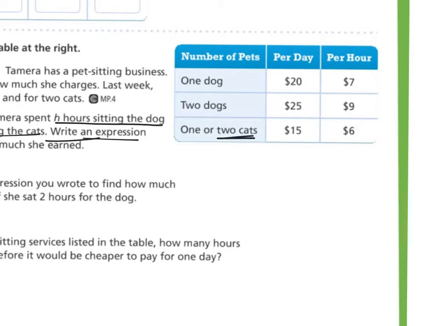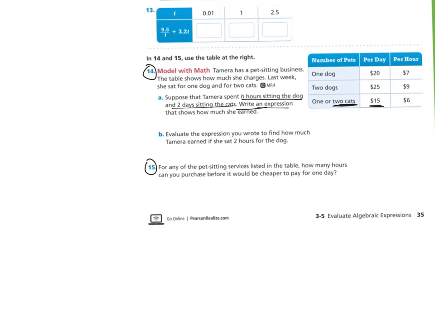So the cats, you can see here, 2 cats, it'd be $15 per day. So if we did that for 2 days, for that part of the expression, you could either do 15 plus 15, or you could do 15 times 2 or 2 times 15. That would be for the cat part.